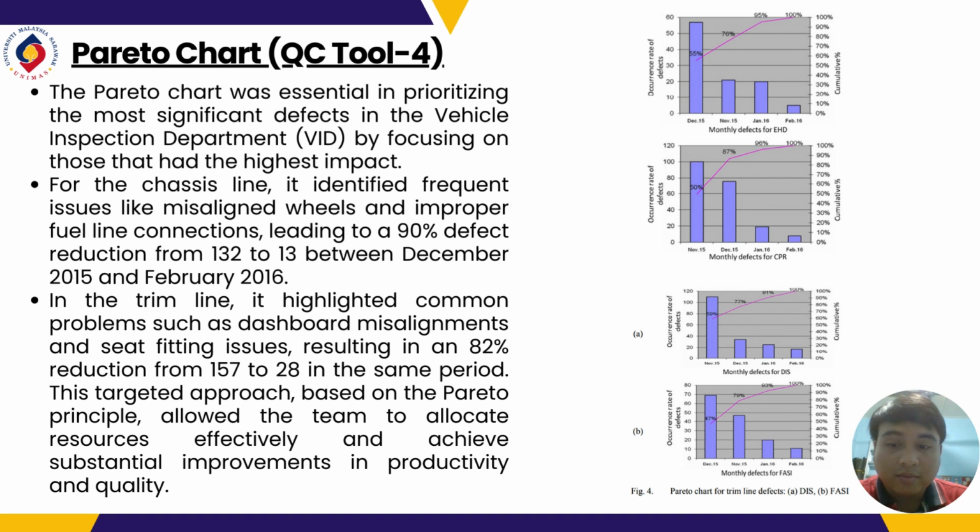In the trim line, it highlighted common problems such as dashboard misalignment and seat fitting issues, resulting in an 82% reduction from 157 to 28 in the same period. This targeted approach, based on the Pareto principle, allows the team to allocate resources effectively and achieve substantial improvement in productivity and quality.